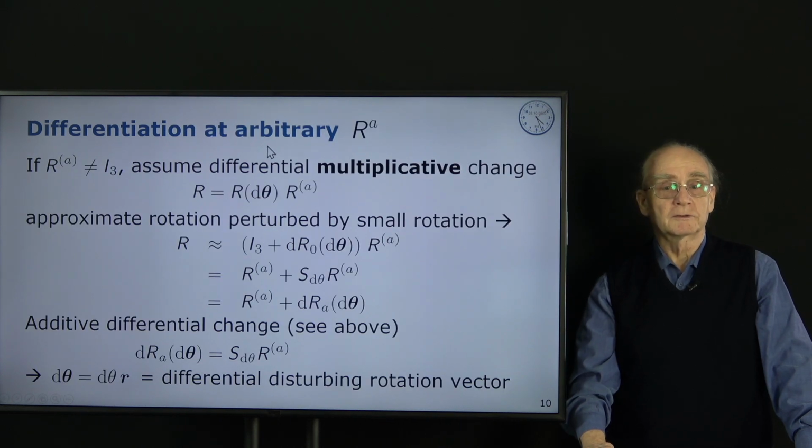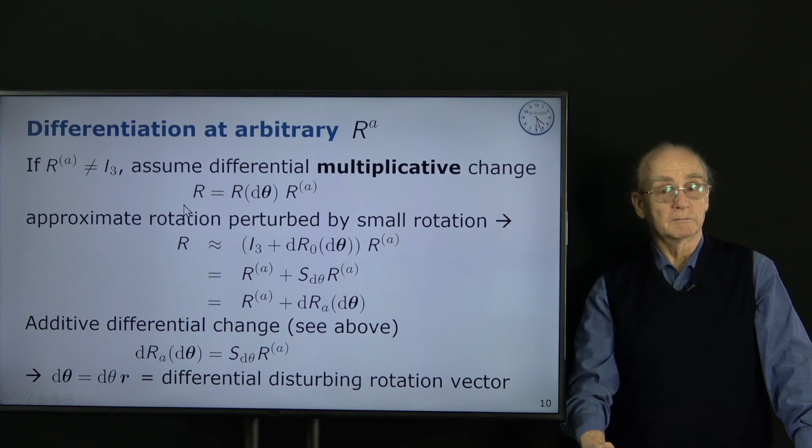Now we look at the differentiation at an arbitrary matrix. So let's assume that the approximate value is not the unit matrix. Then we assume that the rotation which we have as approximate rotation, where we linearize, is multiplied with a small rotation to get our rotation.